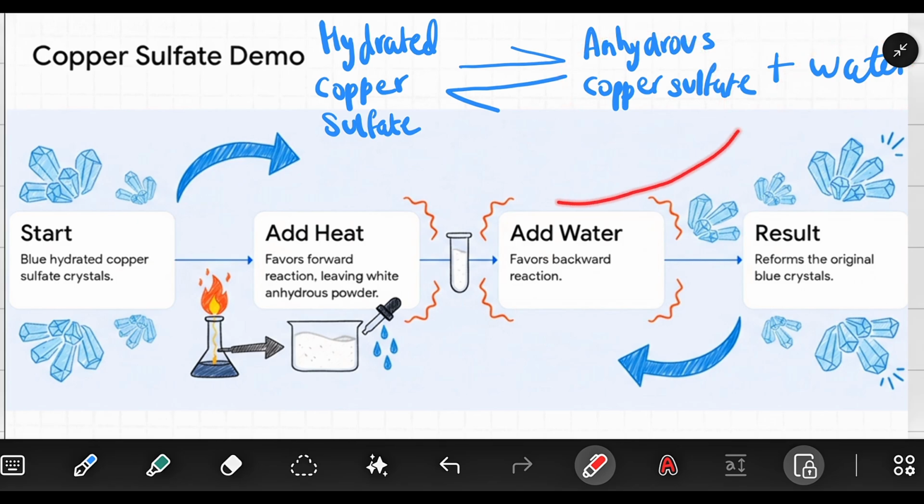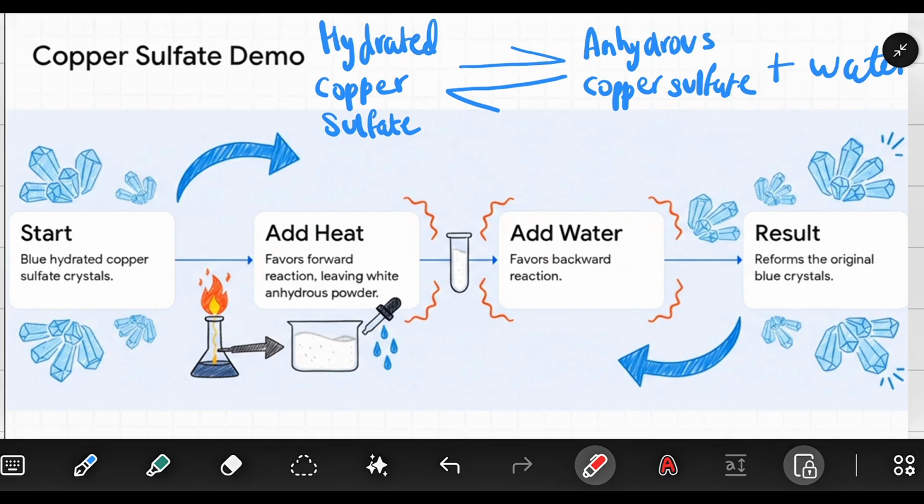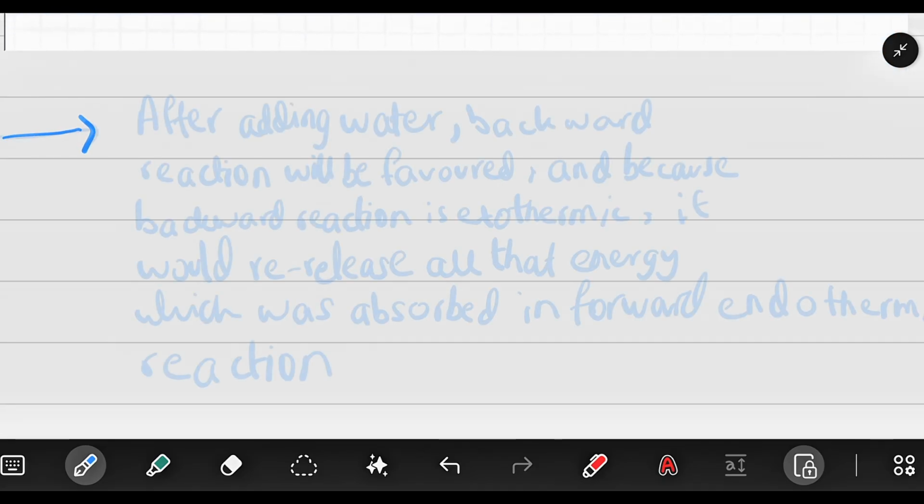And because the backward reaction is exothermic, because the forward reaction was endothermic as it was decomposition, it would re-release all that energy which was absorbed in the forward endothermic reaction. Let's make a point over here.